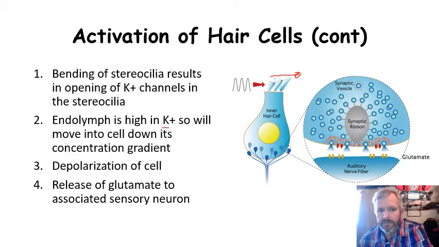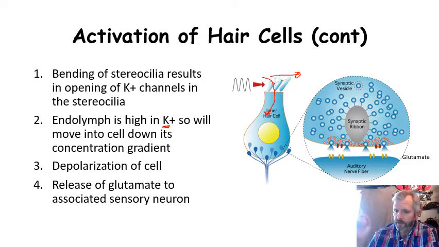I'm high in potassium, so that'll cause potassium to move in, cause depolarization, and movement of calcium in to release the neurotransmitter from the inner hair cells, and that will activate the sensory neurons that will bring the information, start the pathway back to the brain to get integration.